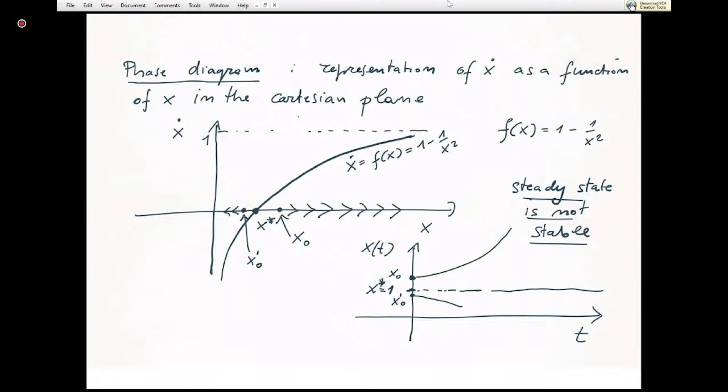Okay, so if you graph this function f of x, 1 minus 1 over x squared, now remember my first class on elementary functions, this is one of the reasons. Elementary functions, you must be able to plot, to draw them immediately. So if I want to draw 1 minus 1 over x squared, just remember this. Okay, let me do that.